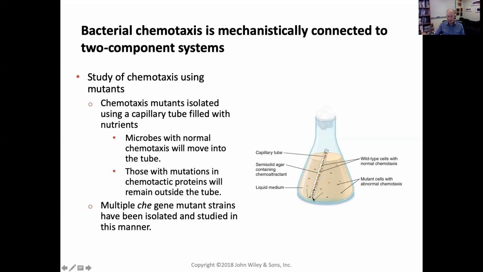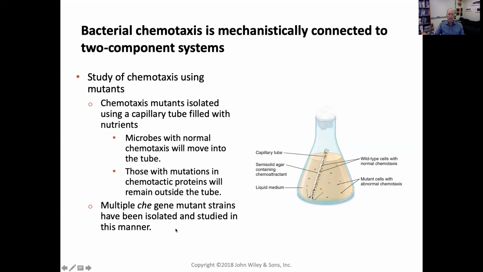Now this has to be continuously filled with fluid, so you end up creating a gradient where your attractant is up here, and the cells that can sense it and move towards it move into the capillary, but the ones that can't stay out here, right? So this is a way of separating the ones that can respond and the ones that can't respond.